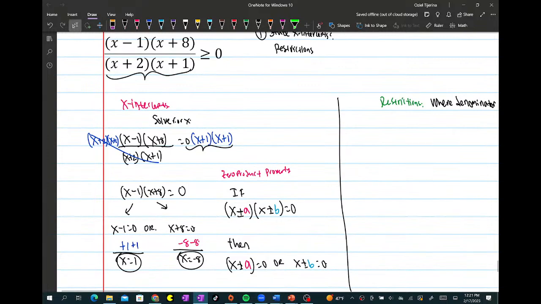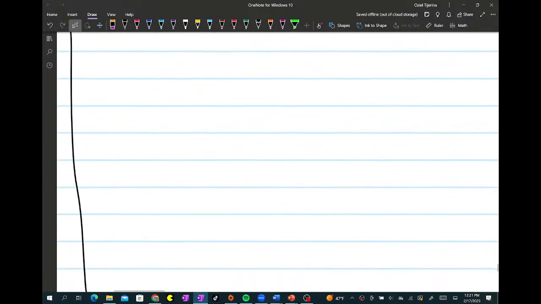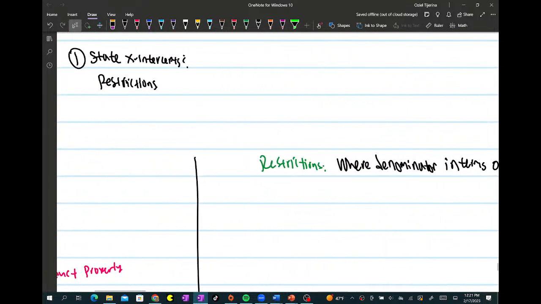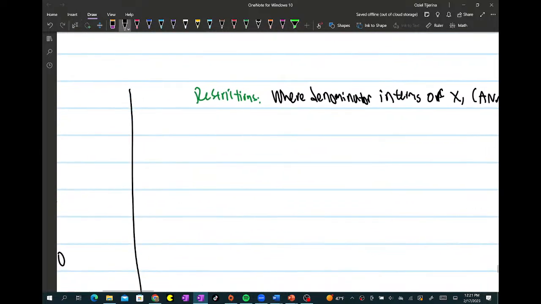Now, the restrictions here, we obviously have x plus 2 times x plus 1. So obviously this cannot equal 0. Means that x plus 2 cannot equal 0, or x plus 1 cannot equal 0.